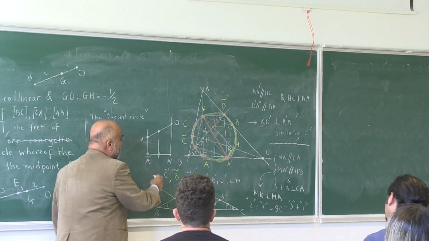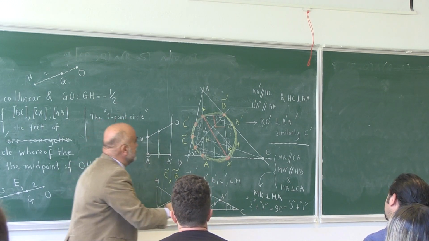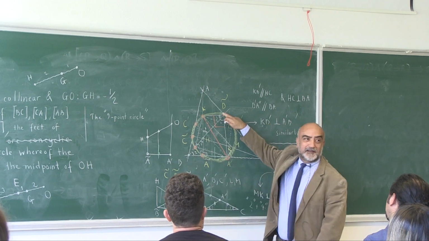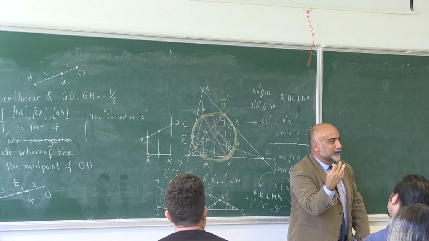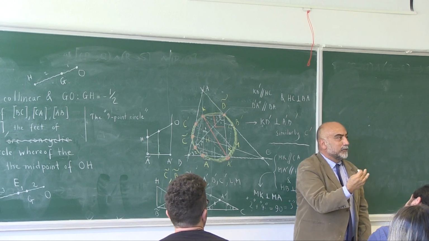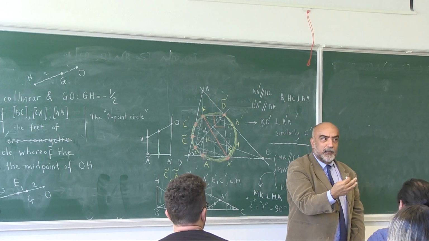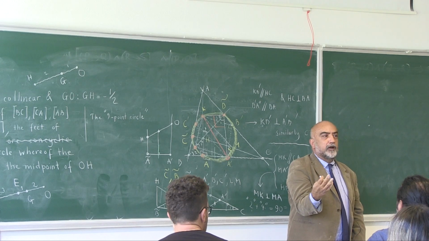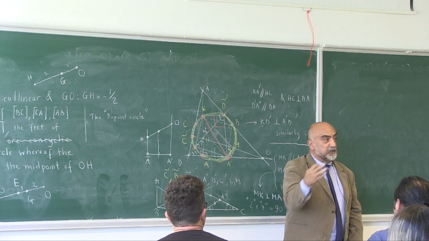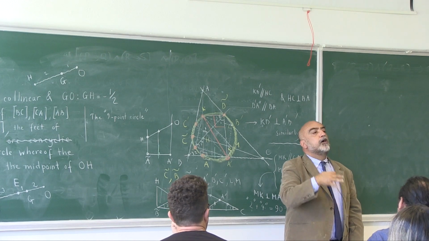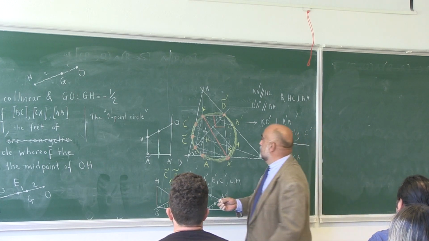But you see, what you have done with A prime, A tilde, you can repeat with B prime, B tilde. And that will again go through the midpoint of OH. Now that's the extraordinary thing about the geometry of the triangle. You see, O and H are remarkable points. They've got no spatial relationship with any of the vertices. They belong to the triangle.